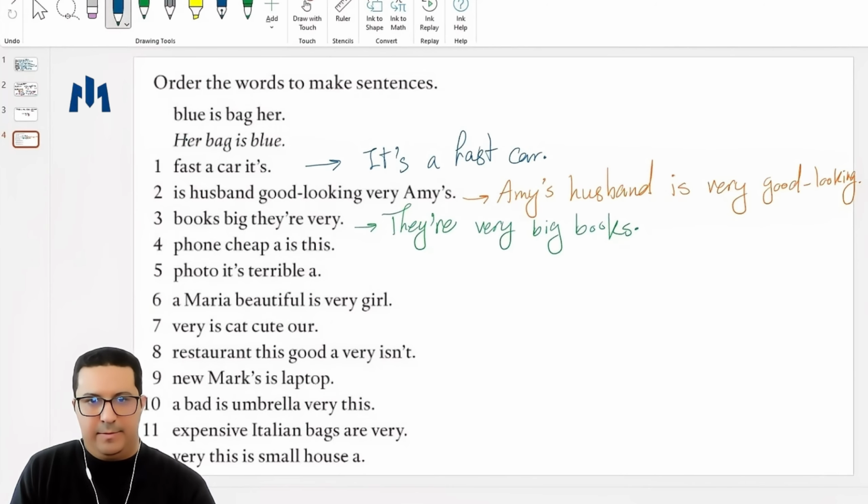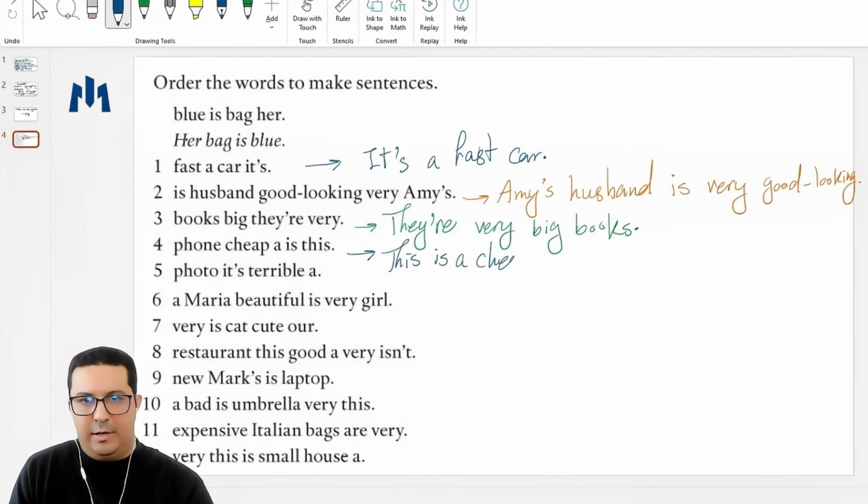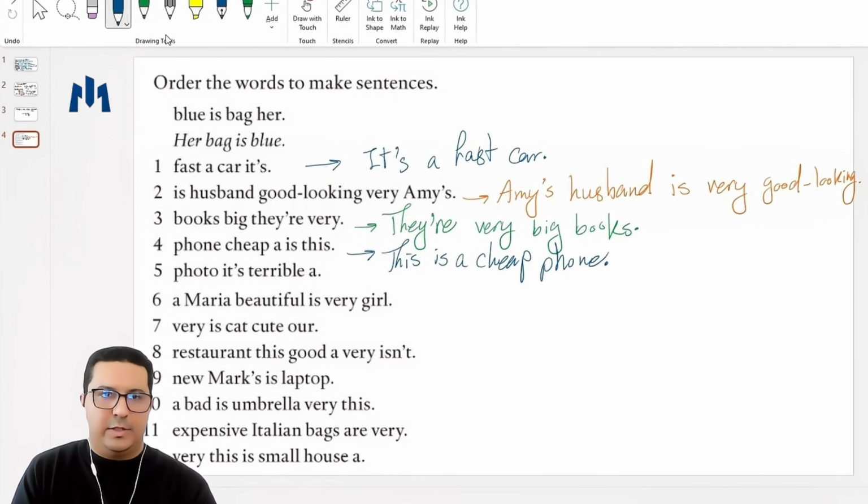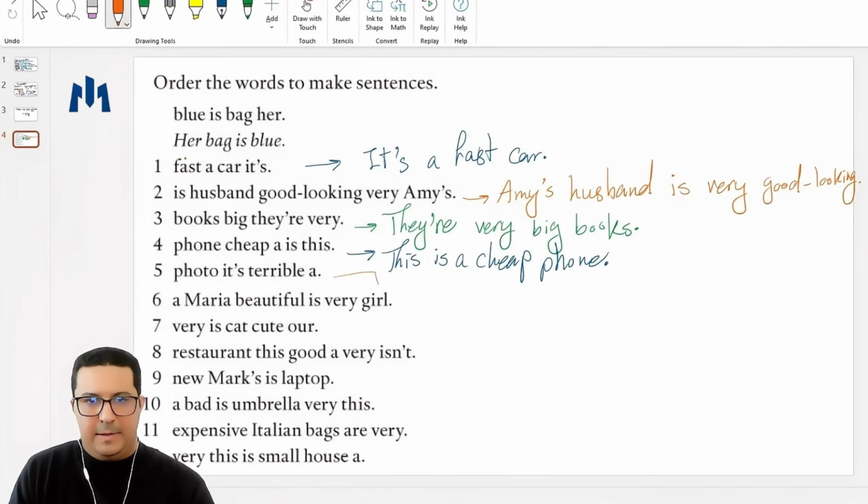The next one, phone cheap a is this. This is a cheap phone. This is a cheap phone, as you see. The next part, sorry, because I don't have enough space, I must write it here.